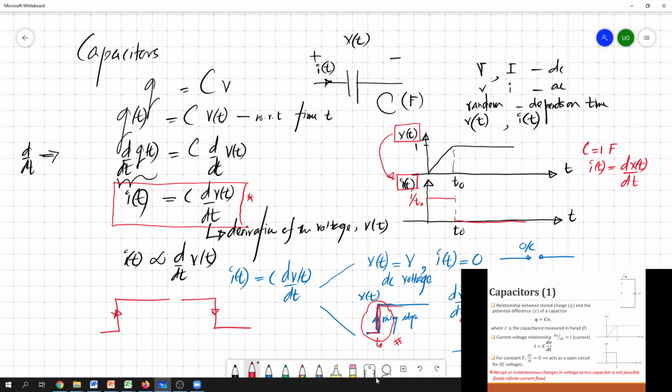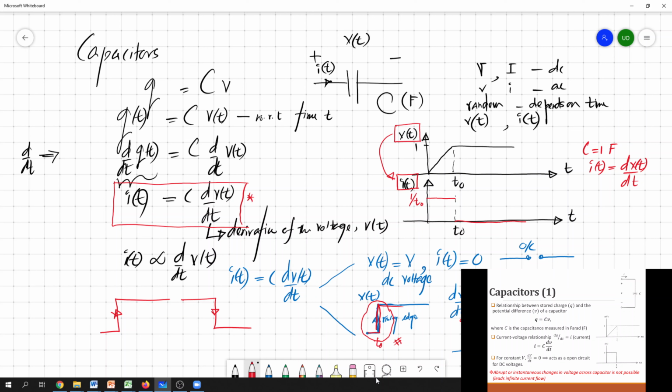But in a practical situation, it never goes to infinity, but it basically absorbs the maximum current which can be drawn from the external source. So you can observe a spike at these particular rising and falling edges.